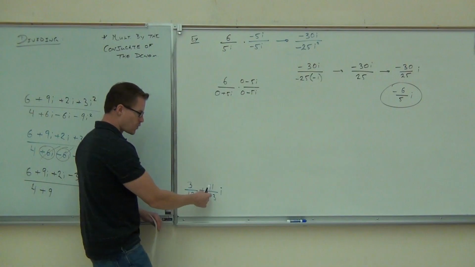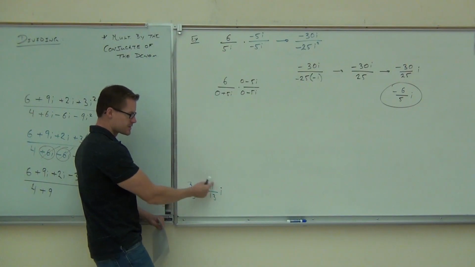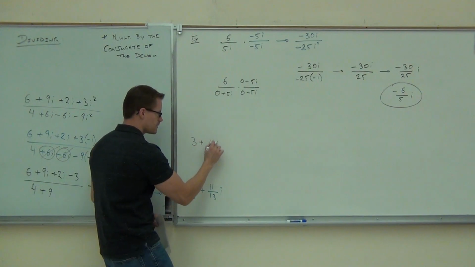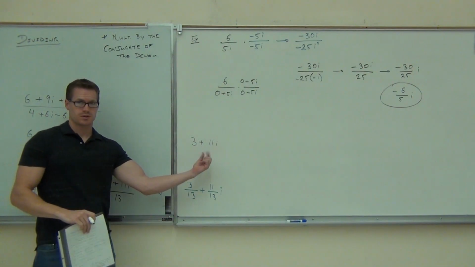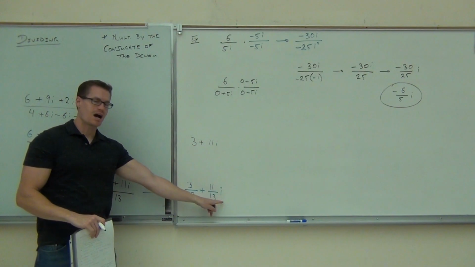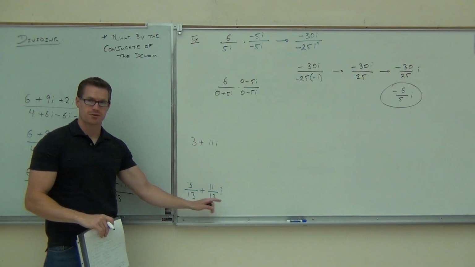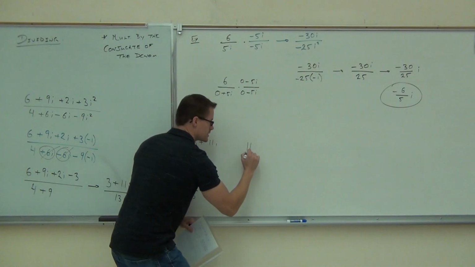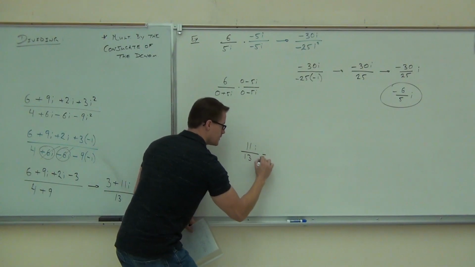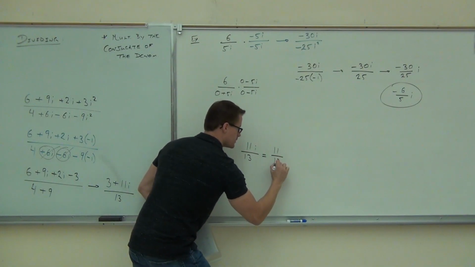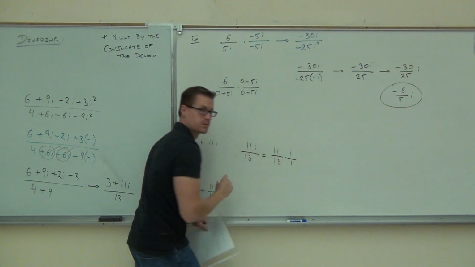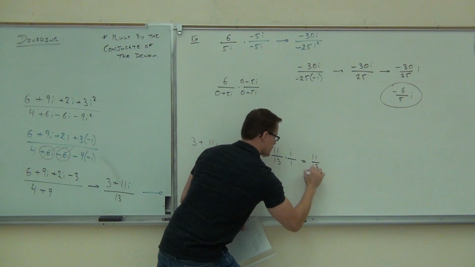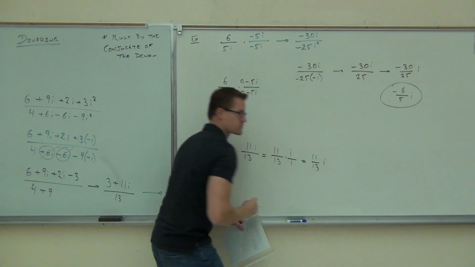Remember that this is a number, and this is a number attached to I. It is really similar to having something like this. Can you add those? No. This has the I with it. Now I know I'm writing the I after the fraction, but notice it is still multiplied. The only reason we're allowed to do this is because this is the same as this, which is equal to I. That's why we're able to do that.